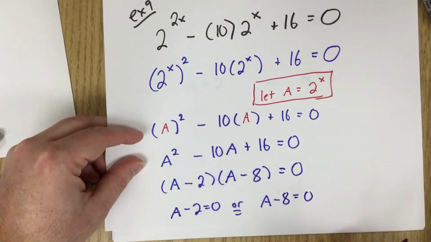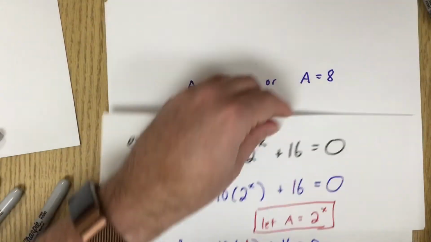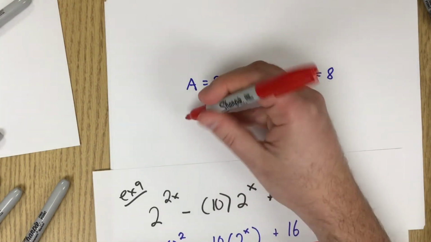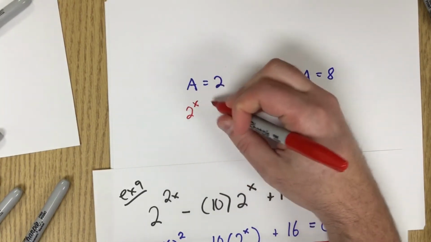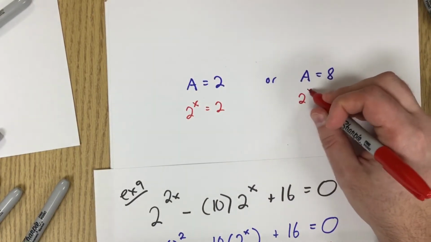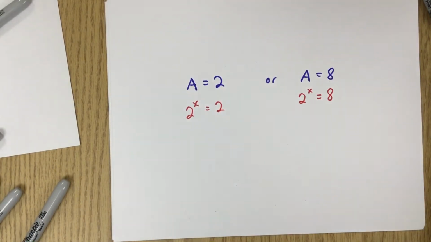But a was equal to 2 to the x. What that means, then, is that 2 to the x equals 2, or 2 to the x equals 8. We could solve both of those equations.